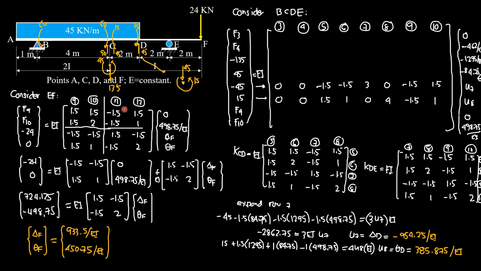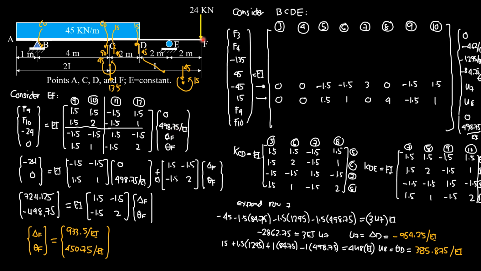Then EI, this is the stiffness matrix of EF, times the displacements at E, which is 0 delta E, then theta E, we already computed this in the preceding slide, 498.75.